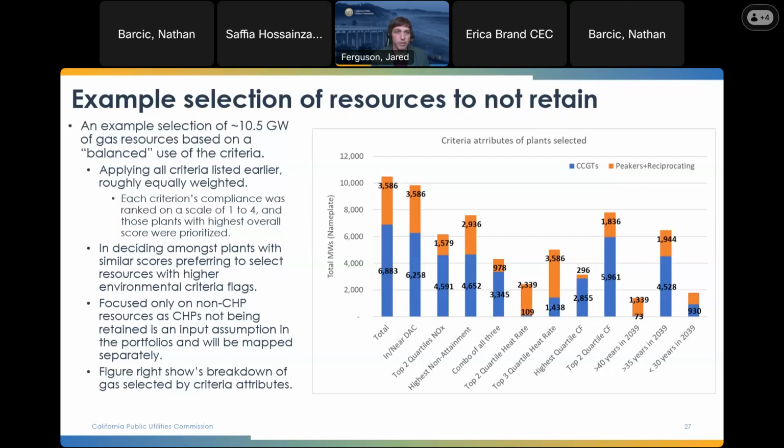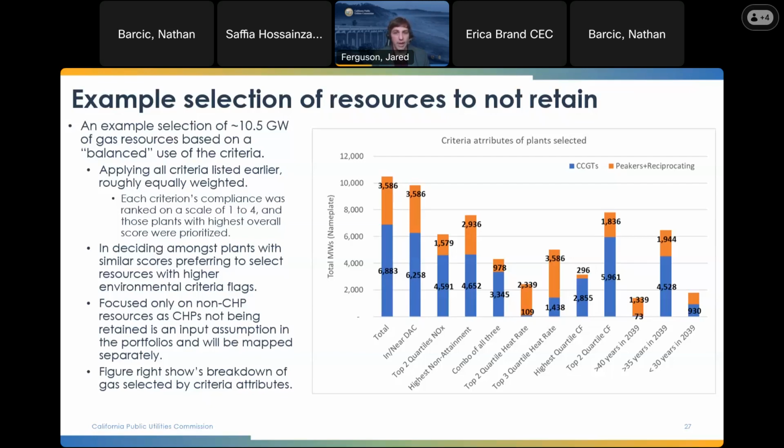I will note that when there were ties, particularly in getting down to the full 10.5 gigawatts, when plants had roughly similar scores, in this example, the tiebreaker was having higher environmental criteria, so the DAC, the NOx emission, or the non-attainment zones.